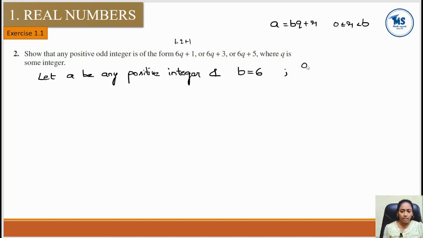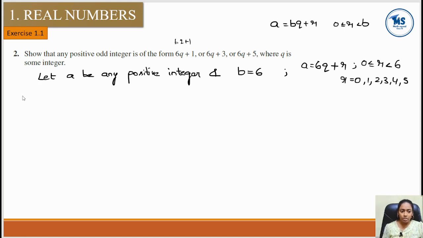If you write a as 6q plus r, where 0 is less than or equal to r less than 6, since here b is 6. So what are all the possible values of r? r can be 0, 1, 2, 3, 4 and 5. These many possible values of r.